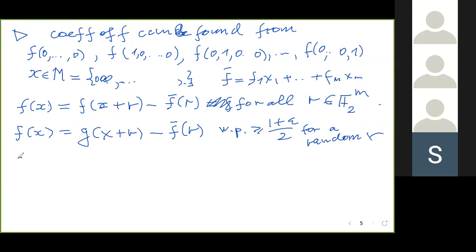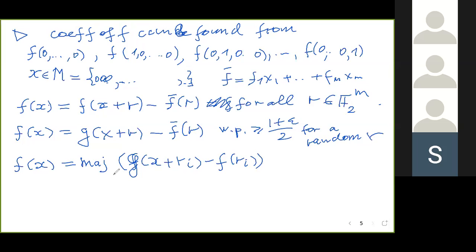So f of x is equal to the majority of g of x plus ri minus f tilde of ri, where all r's are chosen, assume that there are capital N of them, at random.